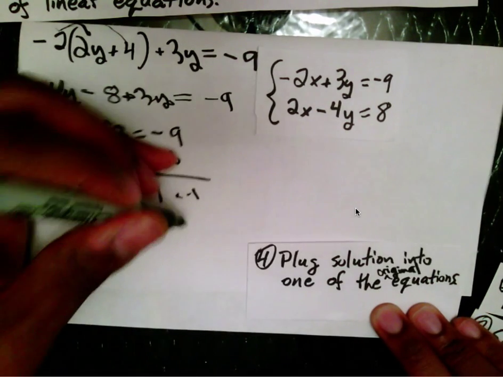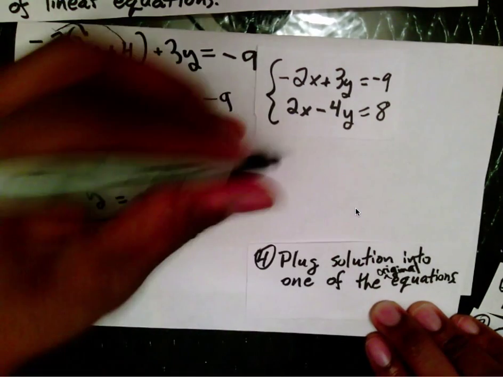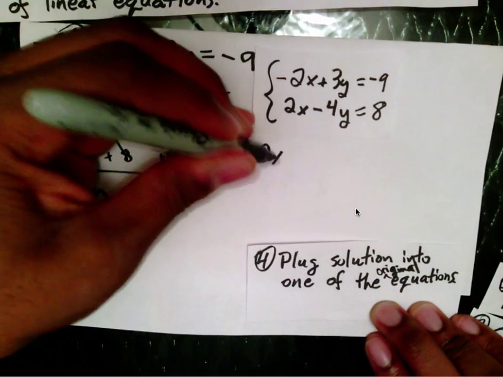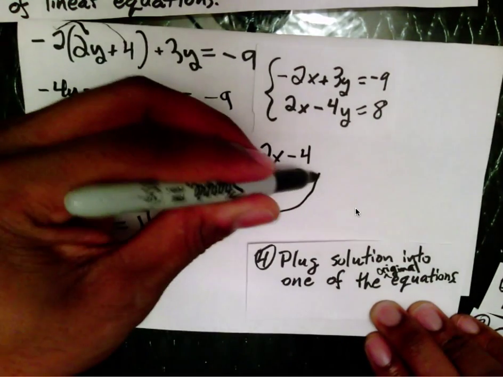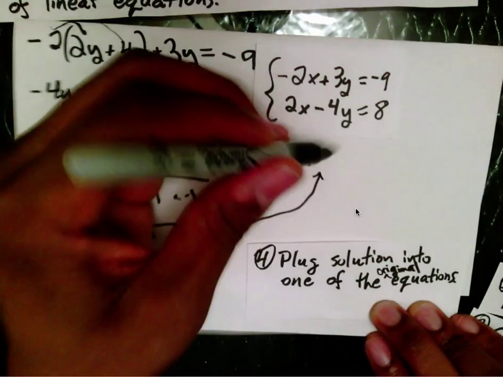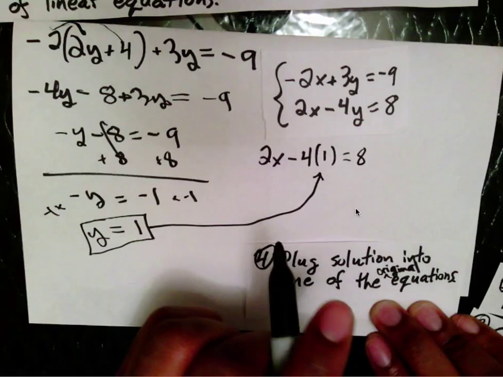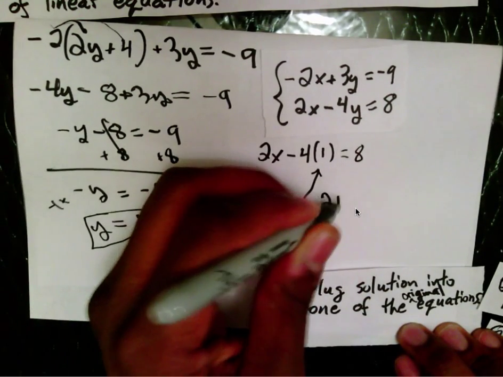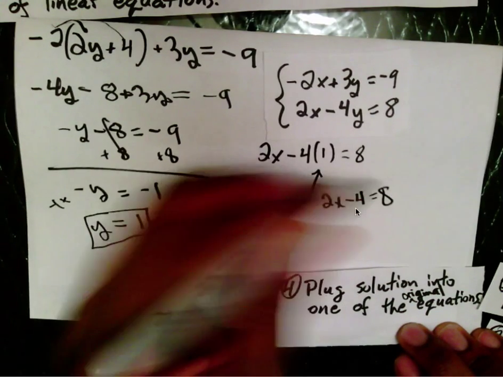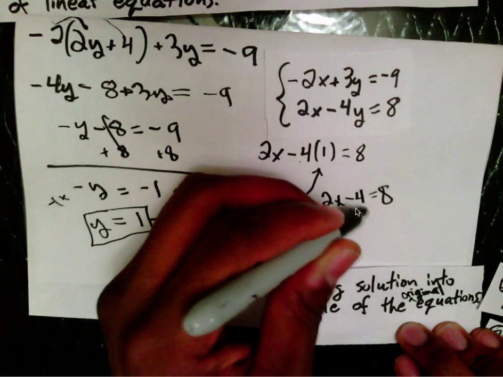So let's plug it into that bottom equation. 2x minus 4, and now remember we're substituting, so y equals 1, so 4 times 1. The next step, 2x minus 4 equals 8, because 4 times 1 equals 4.